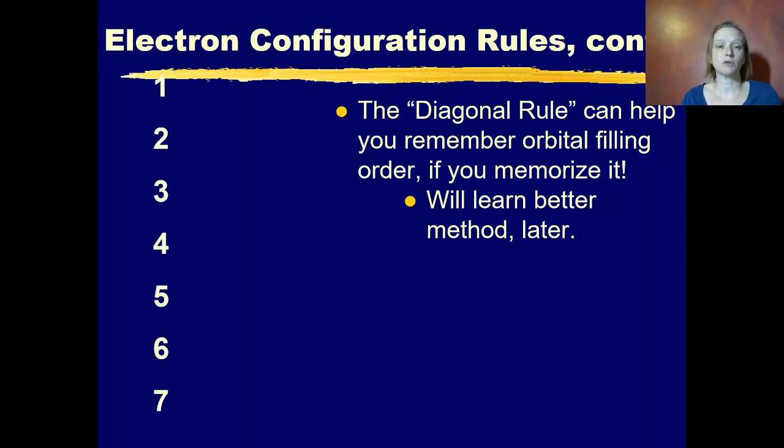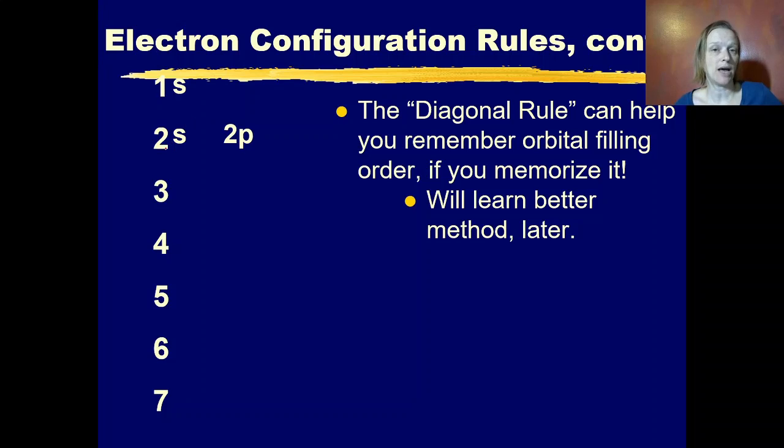First, you write the numbers down 1 through 7. Next, you write an s next to your first energy level because the first energy level only has s electrons. Next, in the second energy level, you can have an s sublevel as well as p sublevels.